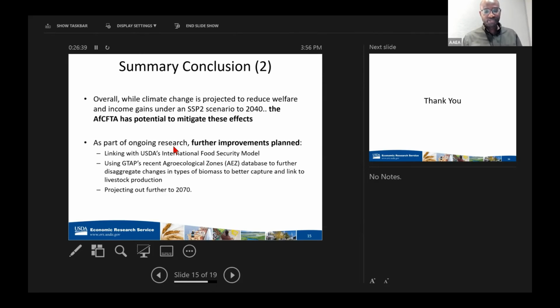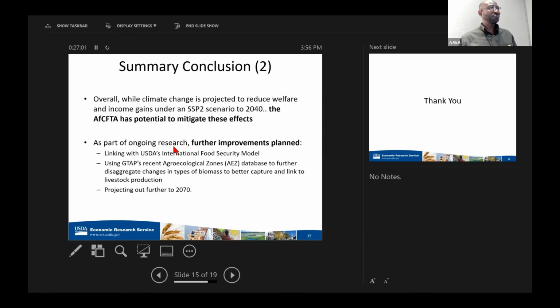Another point that I really want to emphasize is also distinguishing the potential effect of the results between how it's going to affect intra-African trade relative to how it's going to affect extra-African trade or global trade.